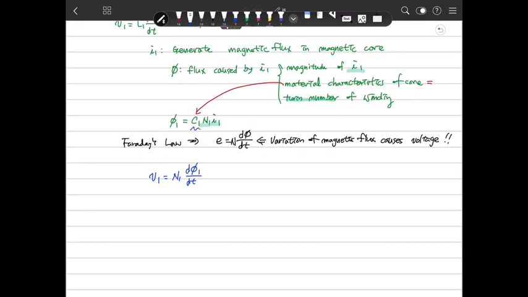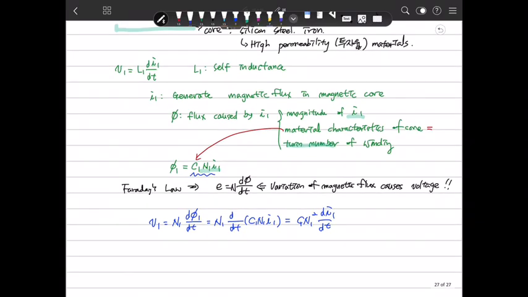And your phi1 is that, so it will be N1 d/dt of C1 N1 I1, which is C1 N1 squared dI1/dt.